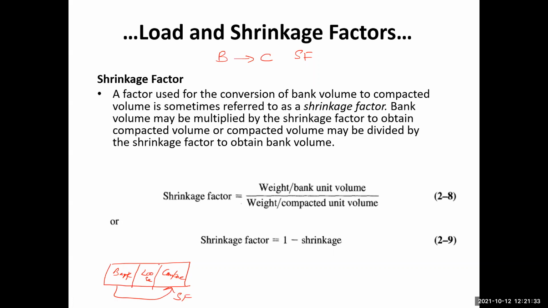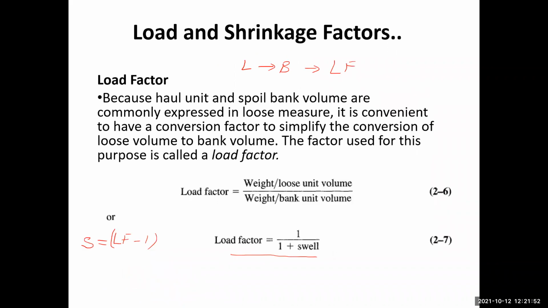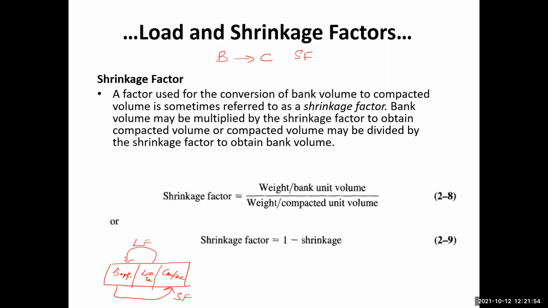And the load factor means from the loose to bank. From the loose to bank, that means how much is the load factor that we have to apply. So from the loose to bank, and the bank to compacted.